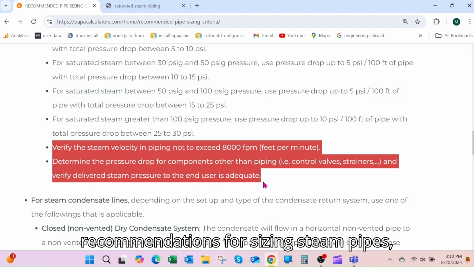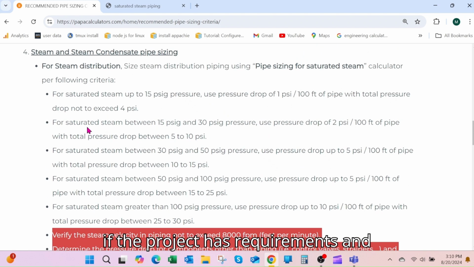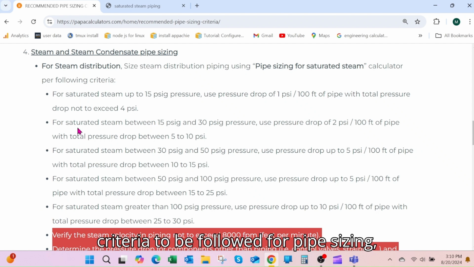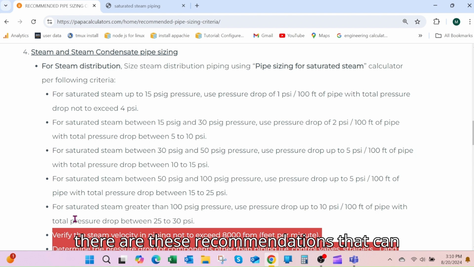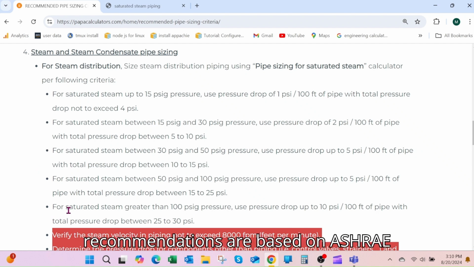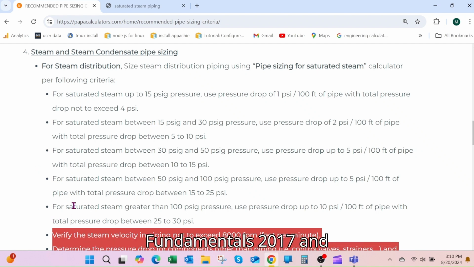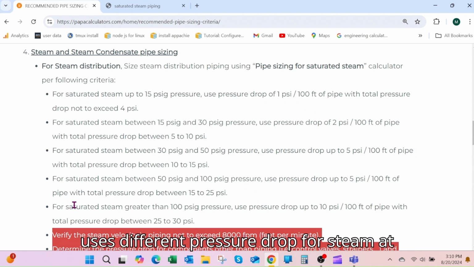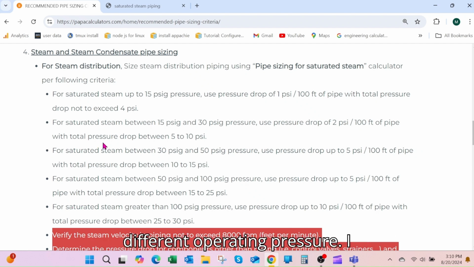As for other recommendations for sizing steam pipes, if the project has requirements and criteria to be followed for pipe sizing, they must be used. If not, then there are these recommendations that can help with pipe sizing. These recommendations are based on ASHRAE Fundamentals 2017 and use different pressure drop for steam at different operating pressure.